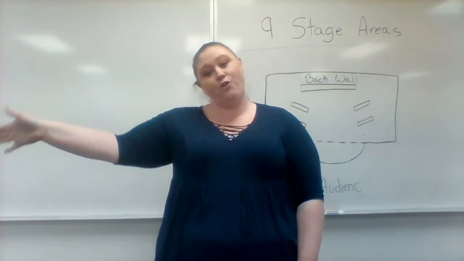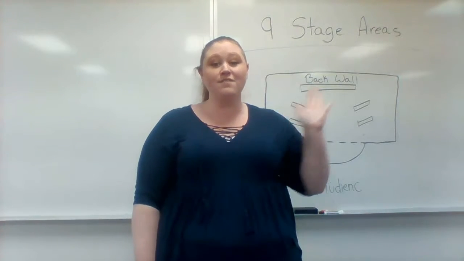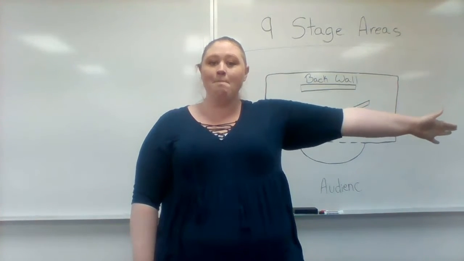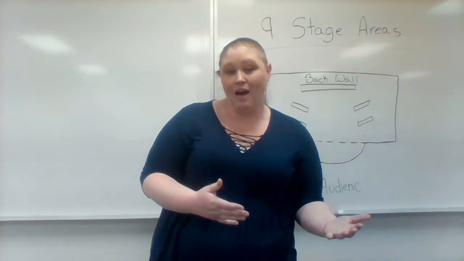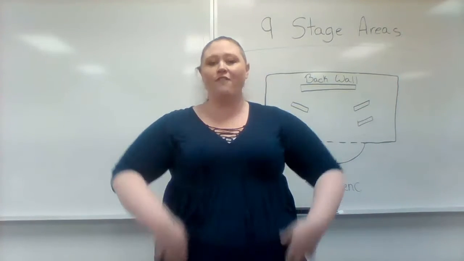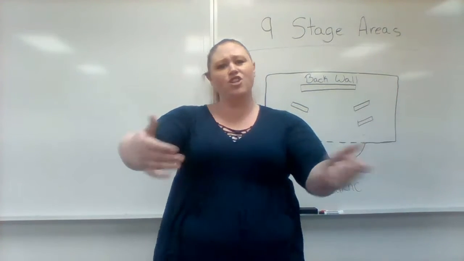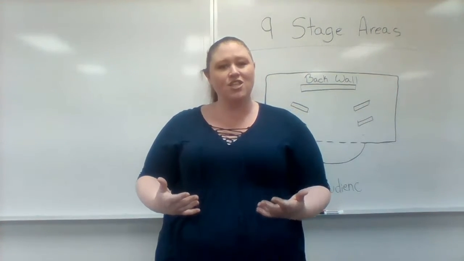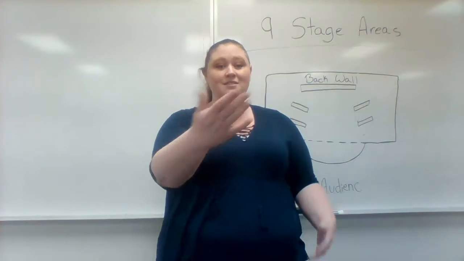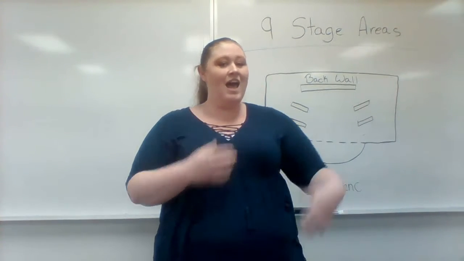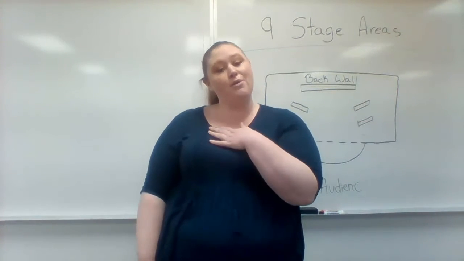Stage right, performer's right. Stage left, performer's left. House right and house left are from the audience's perspective when they are looking at the stage. So house right is my left, house left is my right.